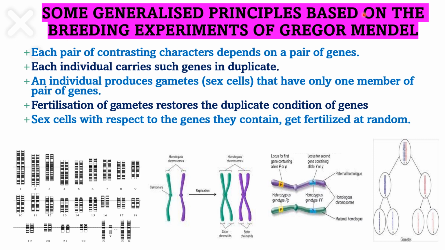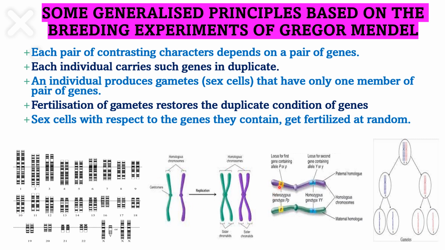Some generalized principles based on the breeding experiments of Mendel. Each pair of contrasting characters depends on a pair of genes. Each individual carries such genes in duplicate. An individual produces gametes that have only one member of a pair of genes.